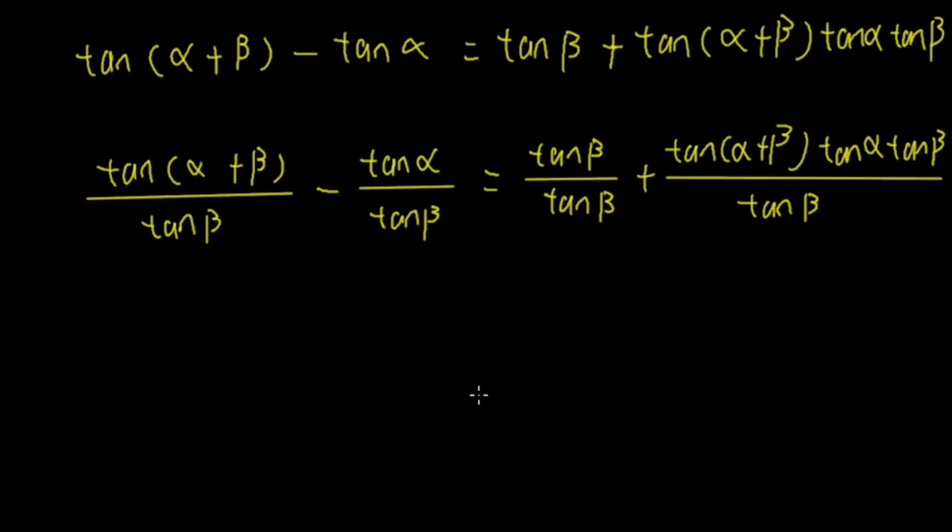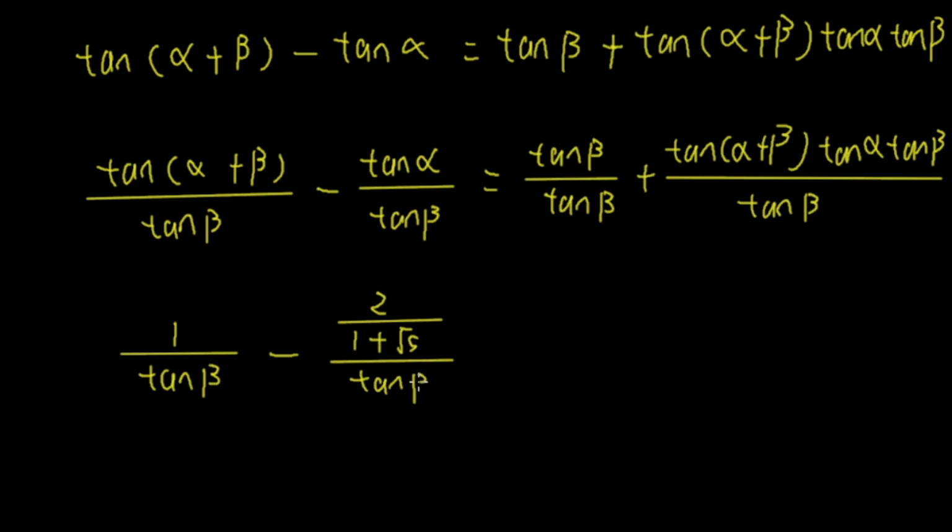Now let's put in the value that we found out, to make this easier. We know that tan alpha plus beta is equal to 1. So this is 1 over tan beta minus tan alpha, which is 2 over 1 plus square root of 5, that we just calculated, over tan beta.